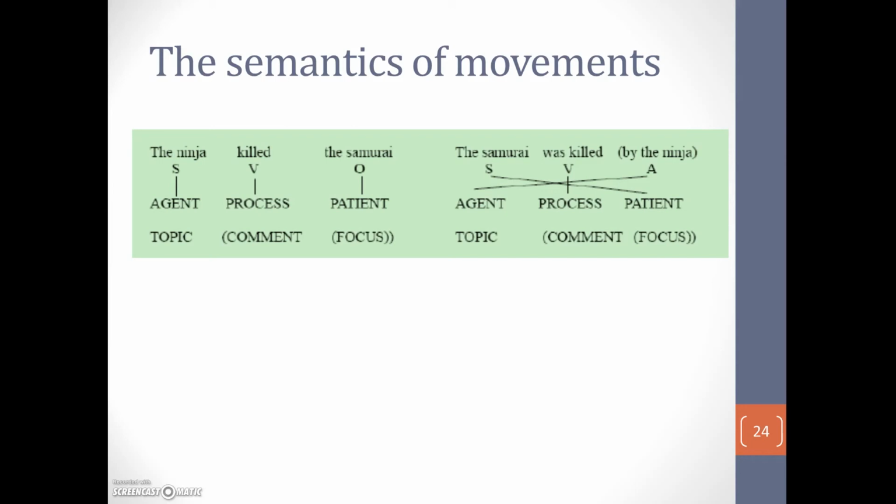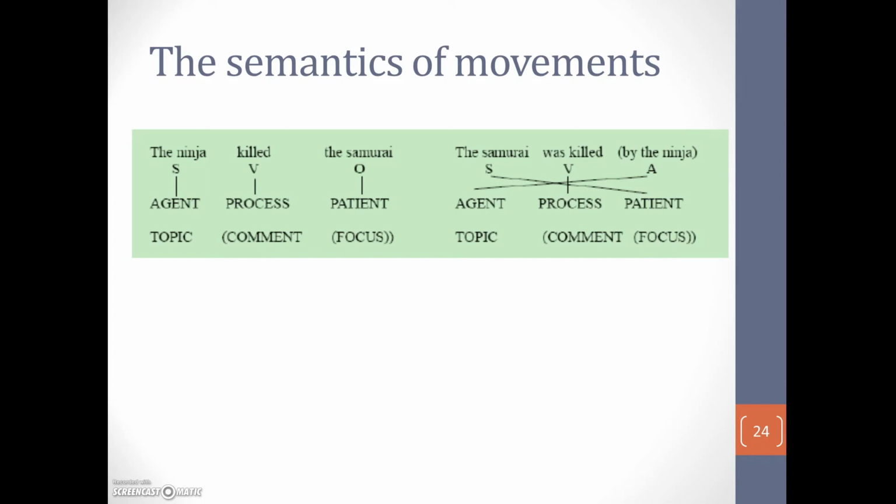And on the left hand side we can see that the subject is the ninja. It's also the agent. Okay, so it's the person carrying out the action described by the verb, and it's also in the topic position. So the topic here is the first position. And we can see that the samurai is the patient, right? So basically they're the direct object.